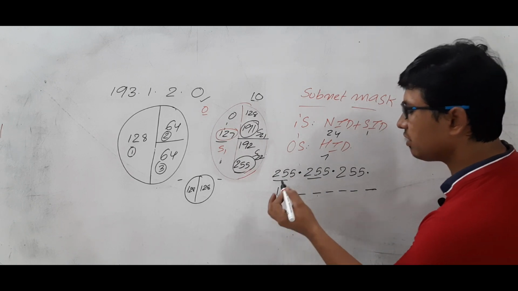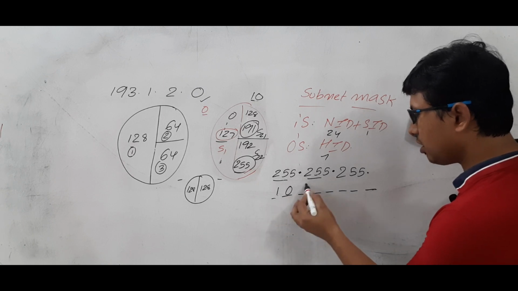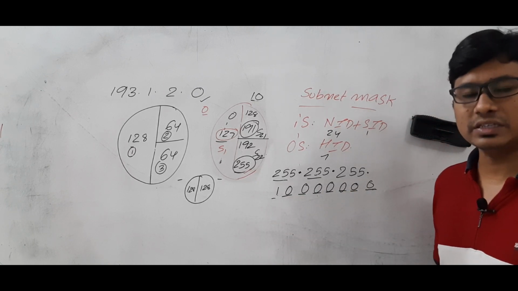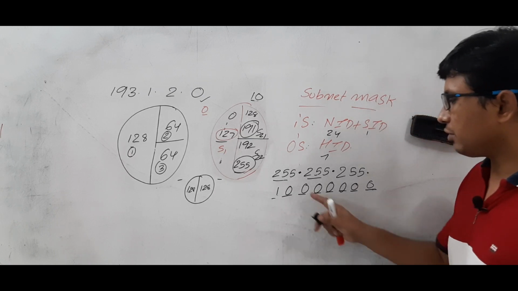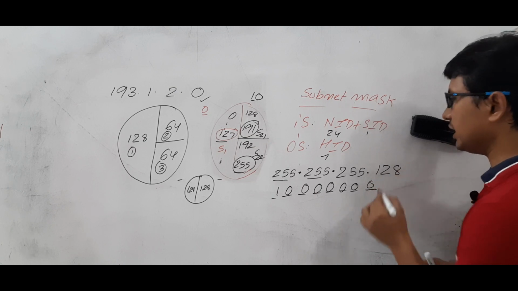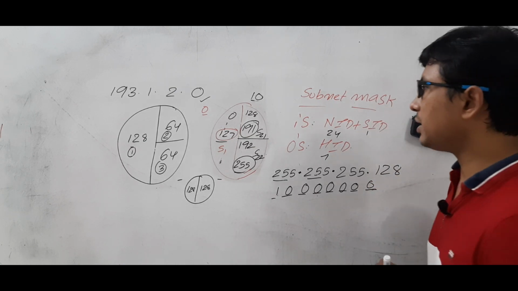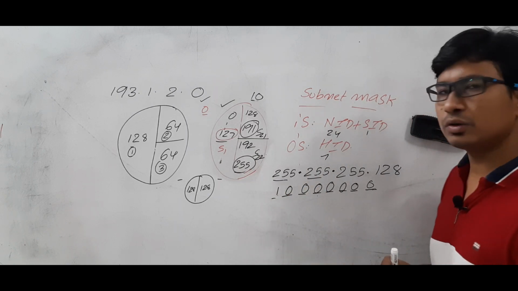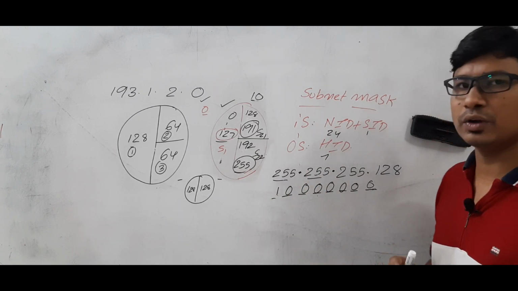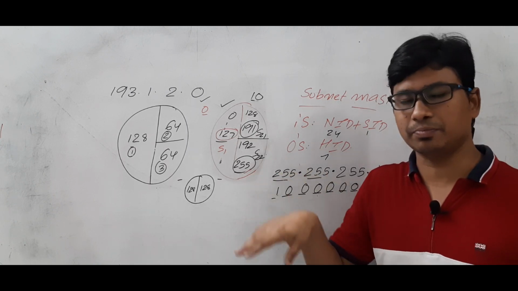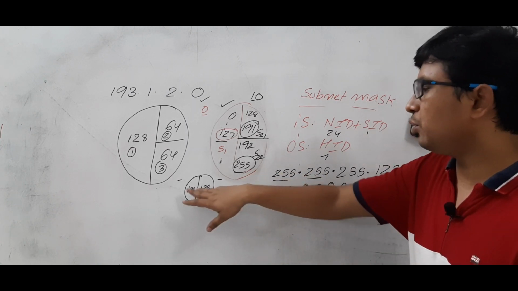So here if I keep 1 and the remaining are all zeros, then we can compute the subnet mask. If you convert this binary number to a decimal number, you will get 128. So the subnet mask for this one will be 255.255.255.128.